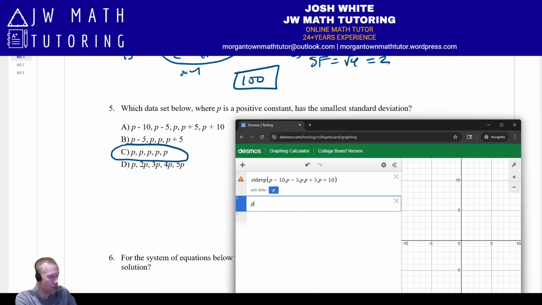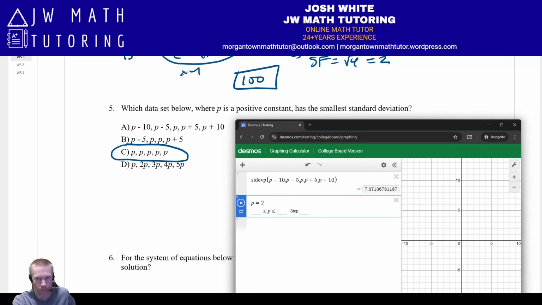Then just make P whatever positive number you want. Let's say I'm going to make it 2. Notice I get the standard deviation here, 7.07. Notice when I move the slider, the standard deviation does not change, right? It stays fixed because the relative spread between the numbers isn't changing even as the numbers themselves are, by increasing or decreasing P.